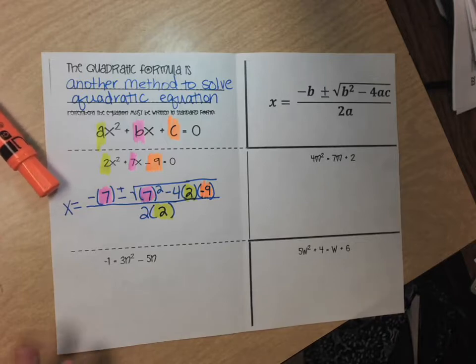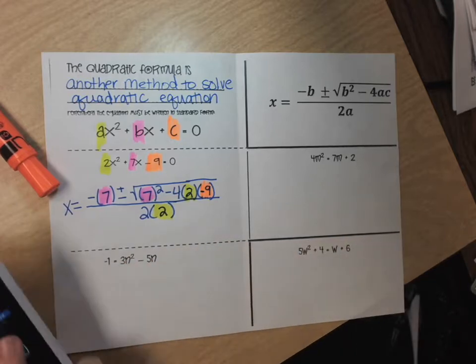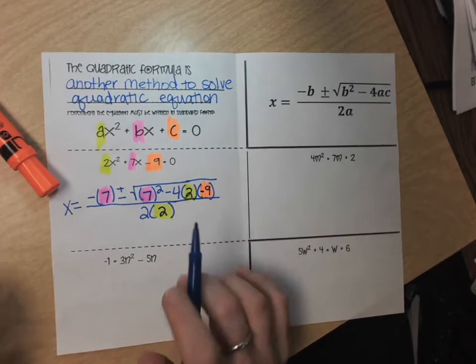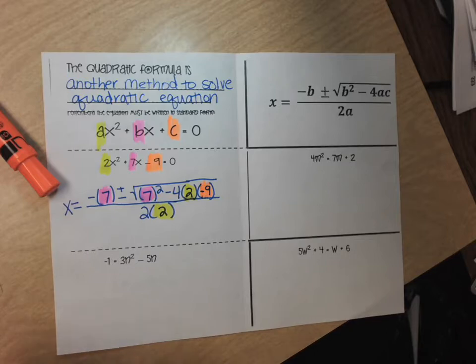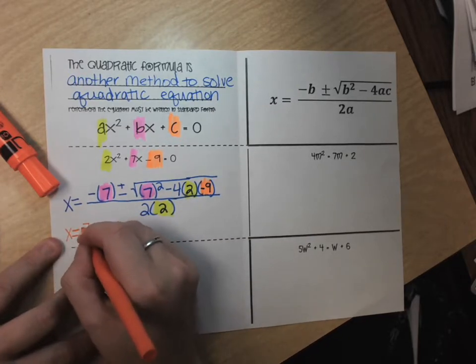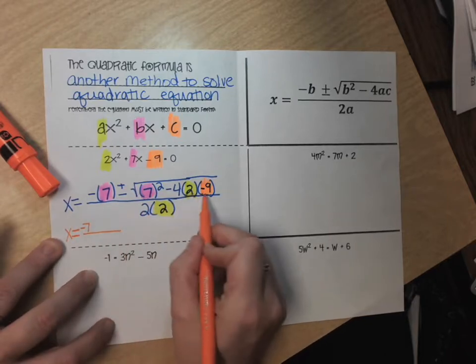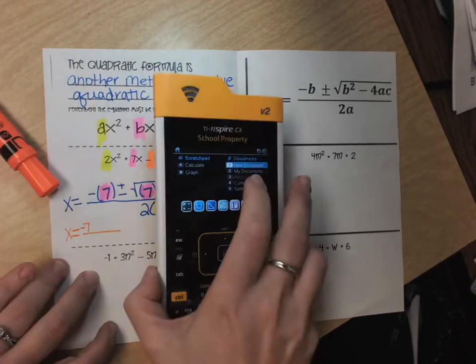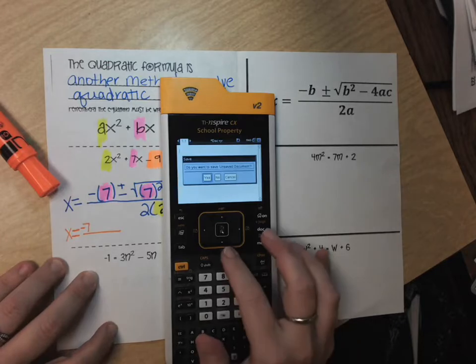Okay, let's simplify it now. So negative 7 is just simply going to be negative 7. It's not going to change. But this stuff underneath here, we want to put it in the calculator and simplify it.